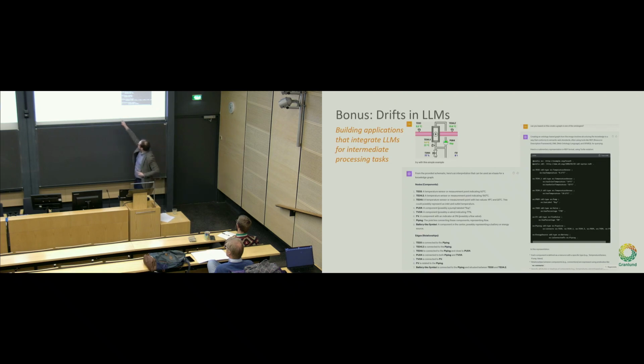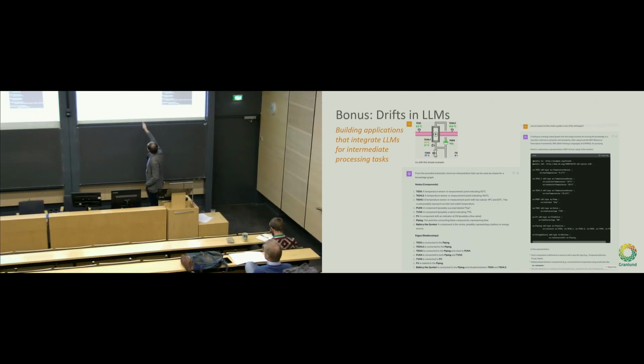So I gave it the image and told it what I want to do, and it did most of the things correctly. It said, okay, this is a temperature sensor, it has this measurement point, but it's not perfect. For the heating coil, it says it's a battery-like symbol, so it doesn't know exactly that. But then it also found edges or relationships, so this thing is connected to that and so on.